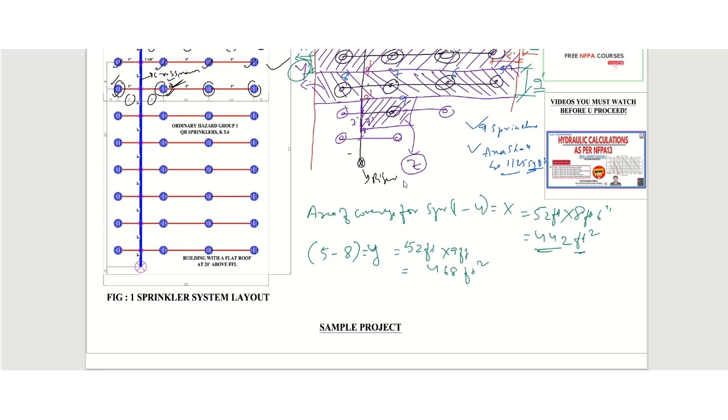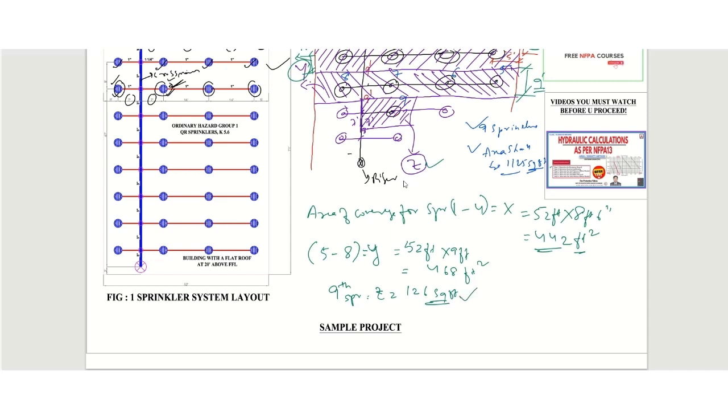Now the final sprinkler area will be the 9th sprinkler, which is Z. We already mentioned here. So Z will be 126 square feet. The area of the sprinkler is the same as the area of coverage for each individual sprinkler.